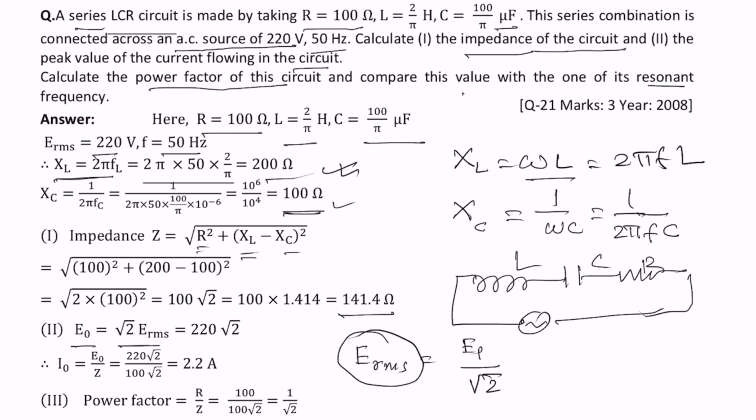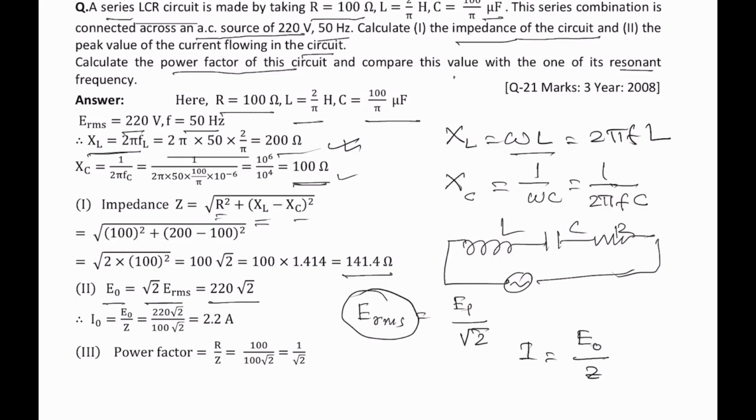So root 2 times E RMS means 220 into root 2. What is the current? Current is equal to V by R, so the maximum EMF divided by resistance. Resistance means the total impedance offered by this LCR circuit, Z. We already found out what Z is. So this is 100 root 2, so it is 2.2 ampere.